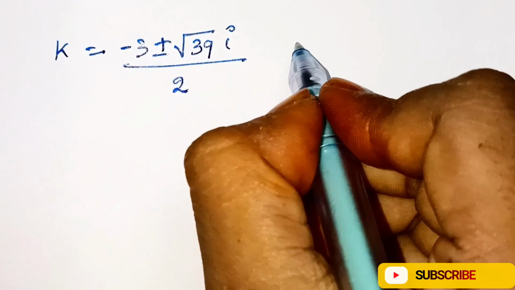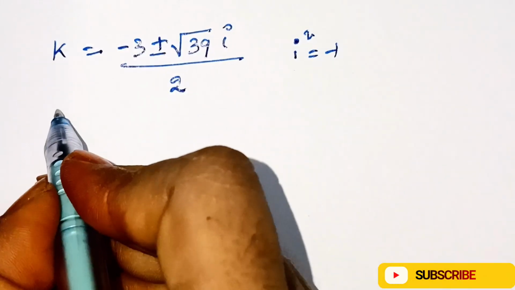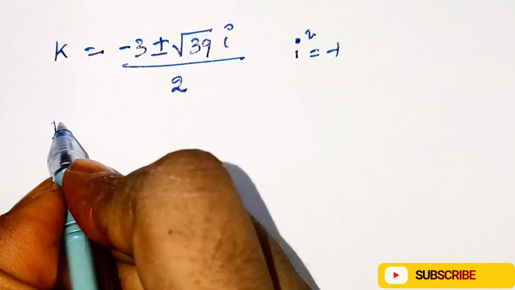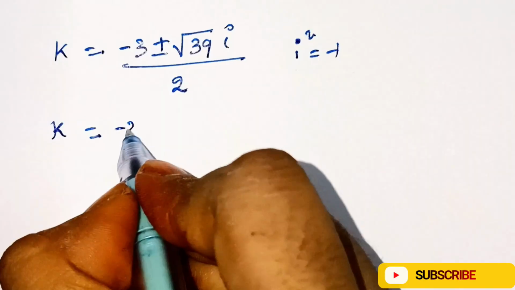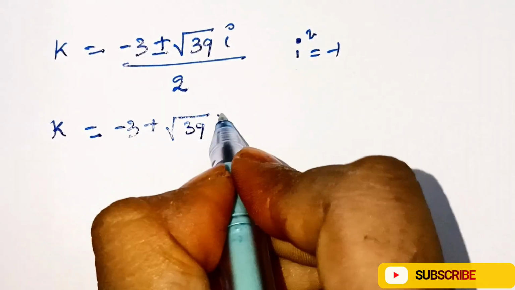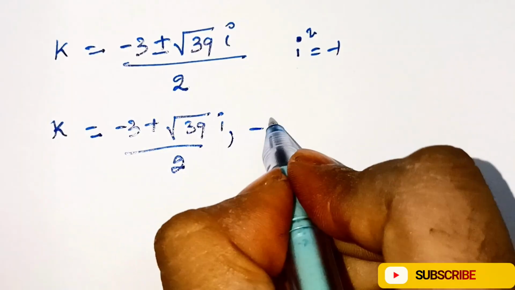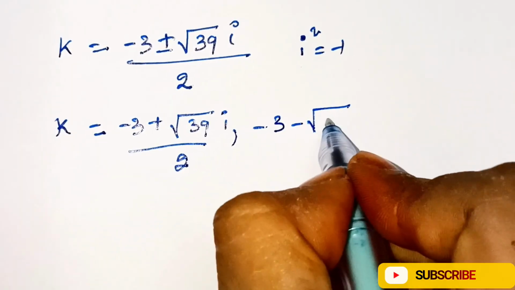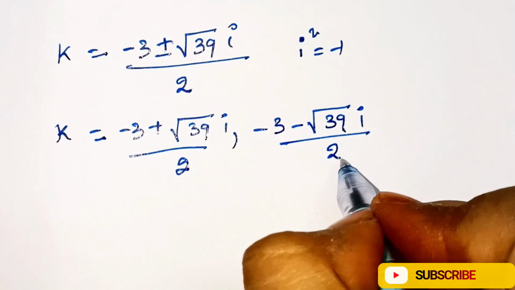Here i square equals minus 1. k equals minus 3 plus root of 39 into i by 2 and minus 3 minus root 39 into i by 2.